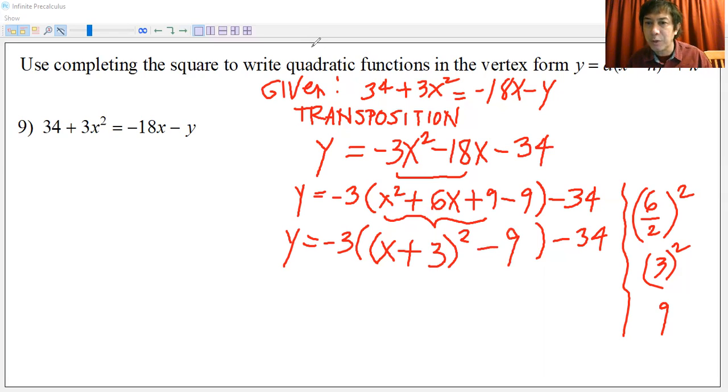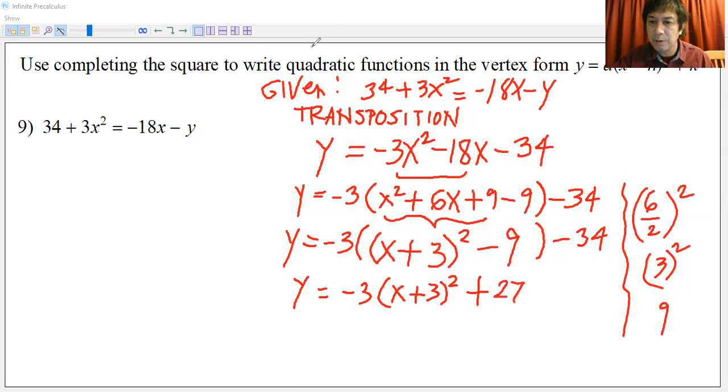Okay, at this point, time to multiply back the negative 3. So this is a negative 3 times the quantity x plus 3 squared. Okay, the next multiply is the negative 3 by the negative 9, making it a plus 27, and no more outer parentheses at this point. All right, and we still have the minus 34.